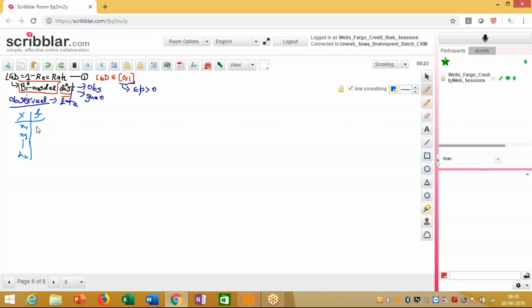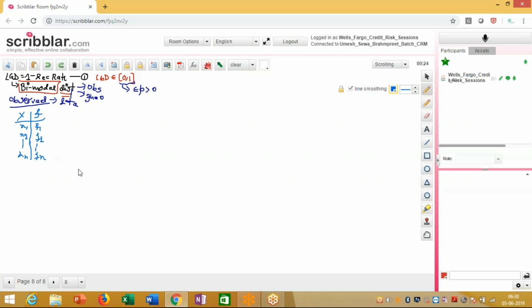Over here we have some values like f1, f2, up to fn.